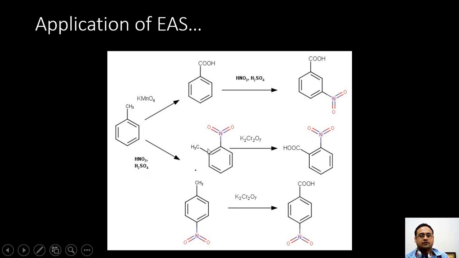This nitration will give us ortho-nitrotoluene and para-nitrotoluene, which we could isolate by chromatographic separation, and then these can be further oxidized to give you ortho-nitrobenzoic acid and para-nitrobenzoic acid. So this is another example of the use of the activating and deactivating abilities of different functional groups, but there are many endless examples available in the literature, and more examples we will study in the class.